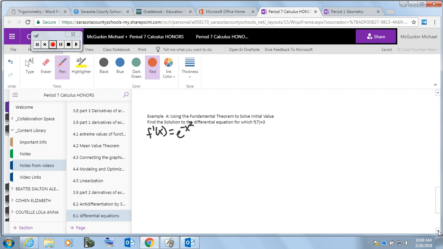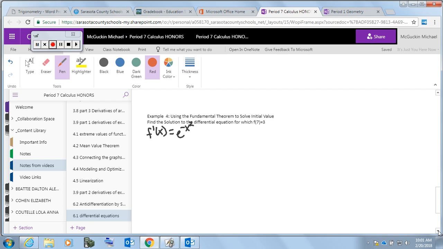So let's take a look here. f prime of x, what does this represent? Remember our fundamental theorem: the function is equal to the integral of the derivative.